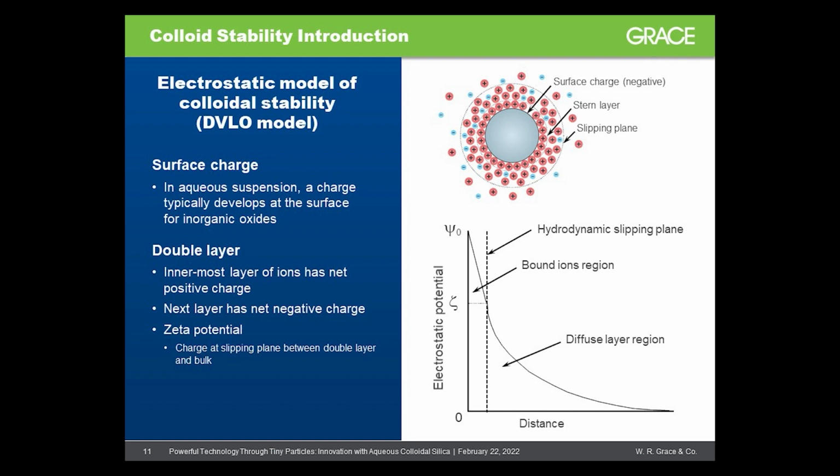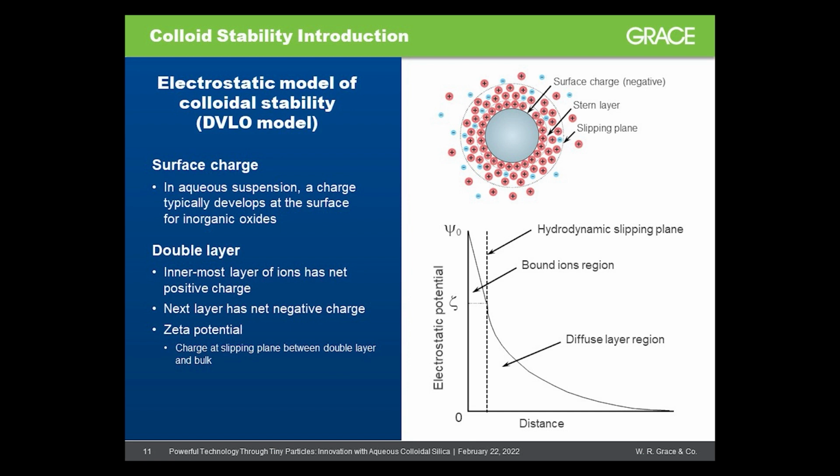Both of these 2 layers, called the double layer, are associated with the particle strongly enough that they move with it in suspension. The potential decays exponentially away from the particle surface, and the rate of decay depends on properties such as the ionic strength of the solution. A shear or slipping plane develops between the double layer and the surrounding fluid.